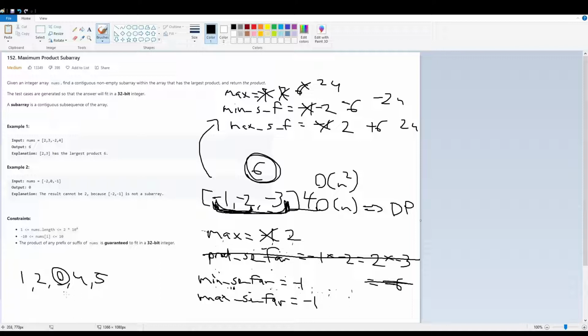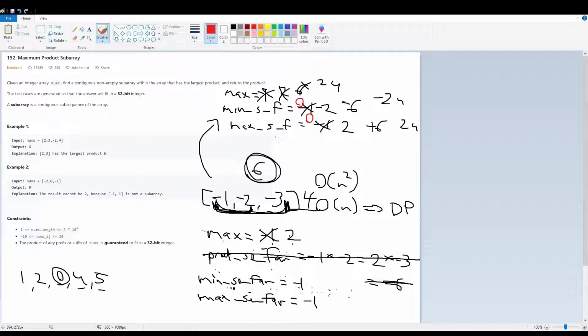And then for each subsequent element, we'd be multiplying by 0 every time. So this would be 0, this would be 0, and then 4 times 0 would be 0, 5 times 0 is 0, etc.